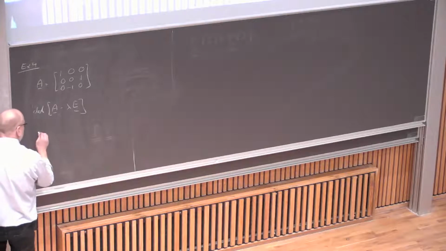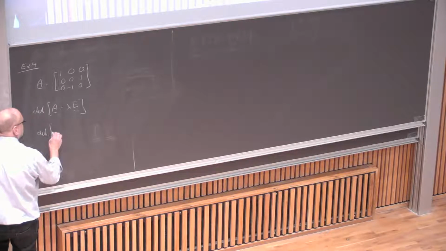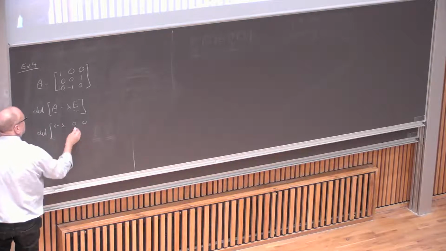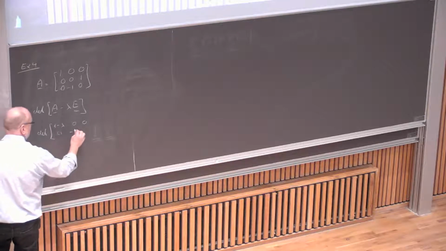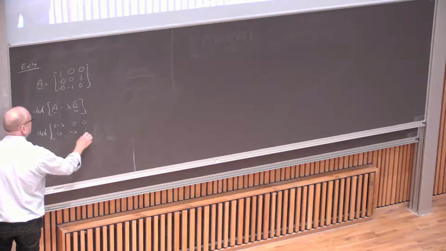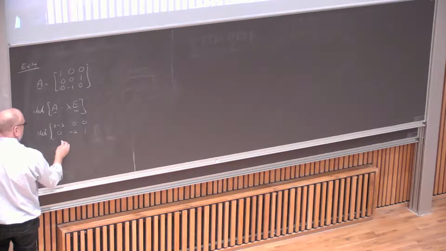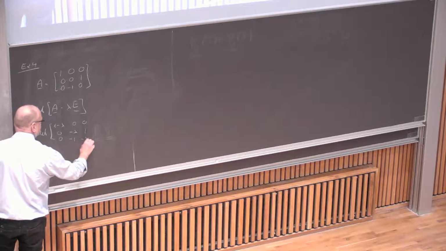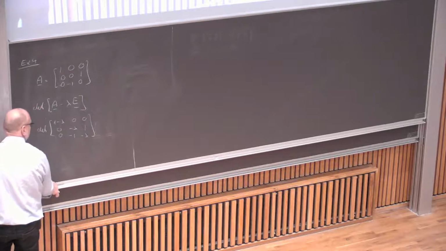Then you get 1 minus lambda, 0, 0, then minus lambda, 1, and then 0, minus 1, minus lambda.